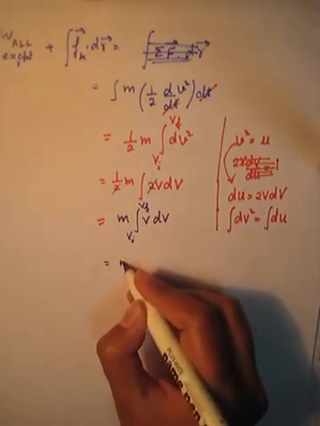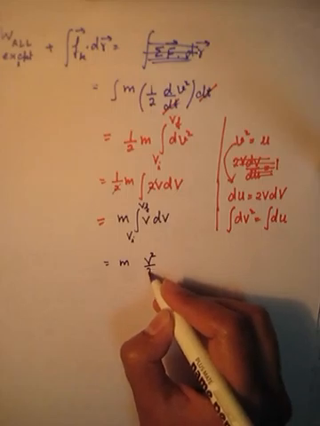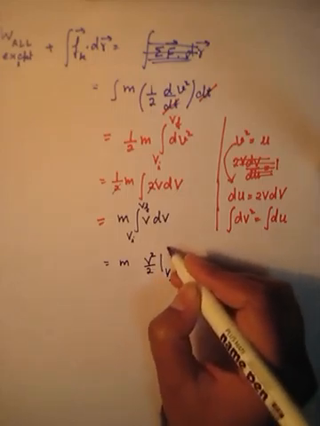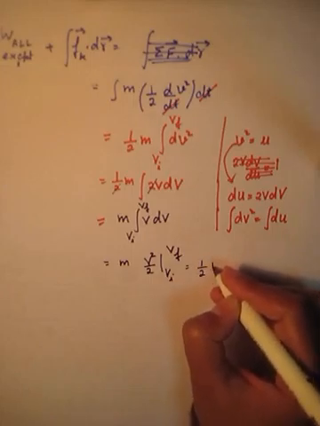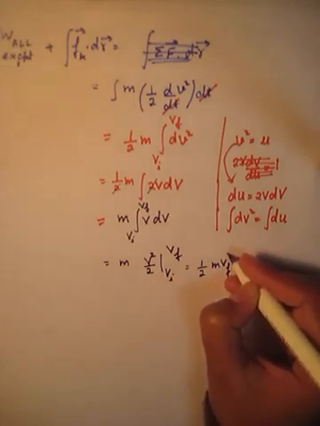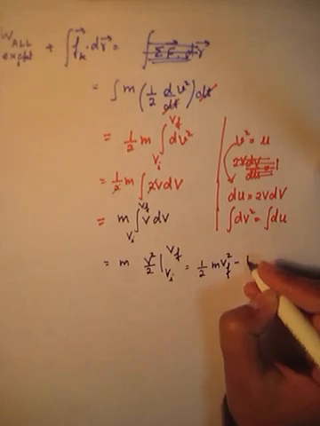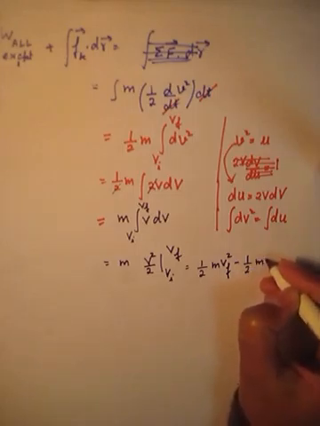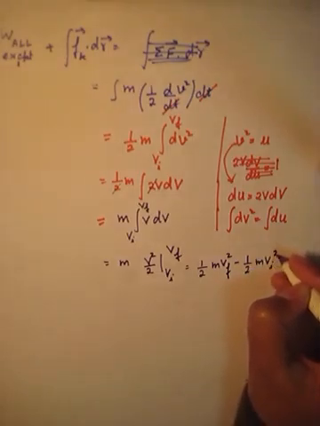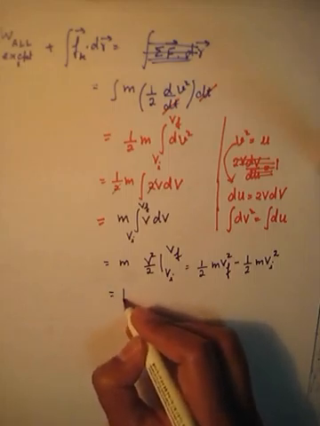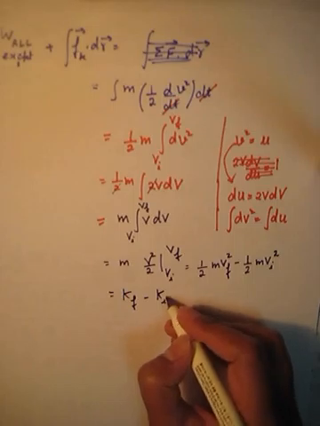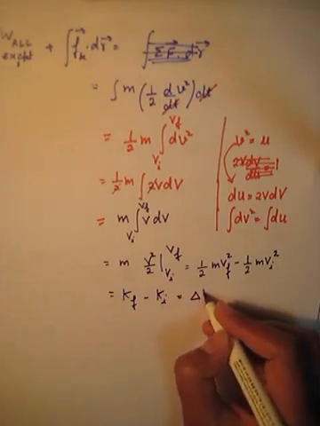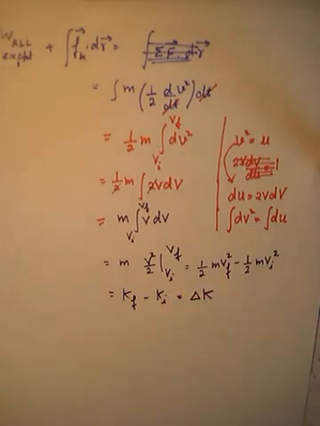So it will be mv squared upon 2 from Vi to Vf, which means 1 upon 2 mvf squared minus 1 upon 2 mvi squared, which is nothing but final kinetic energy minus initial kinetic energy, which means change in kinetic energy.